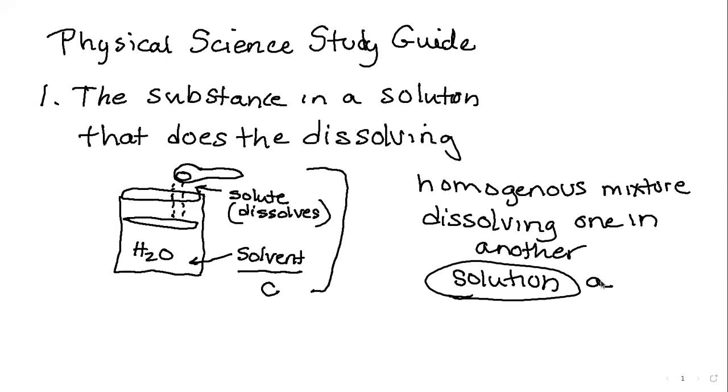And the last one is, no, it's not there yet. All the way down. If you look at the fourth one down, it's the substance in a solution that gets dissolved.